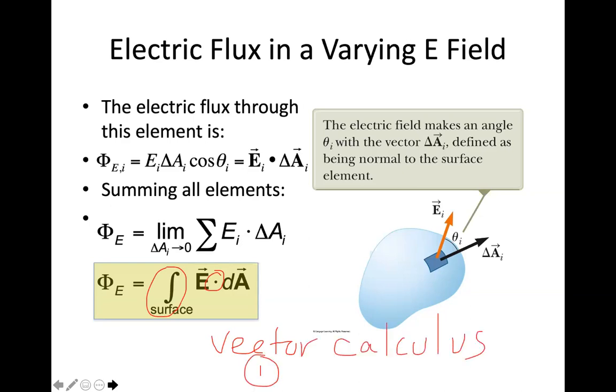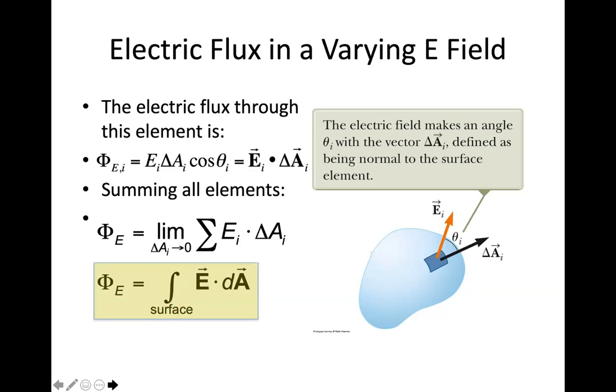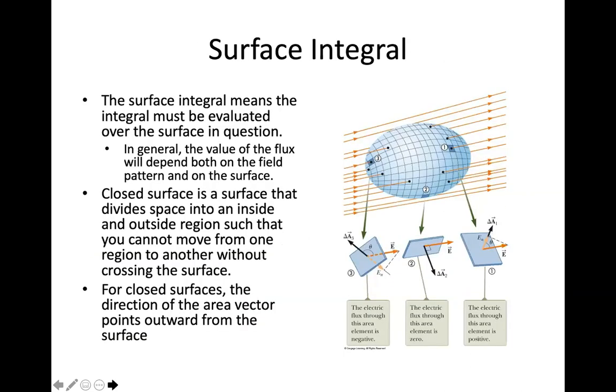First the vector, then the calculus. So the first thing I have to do is take care of that dot product, get that parallel component, and then attack the calculus. Not calculus vector, vector calculus.